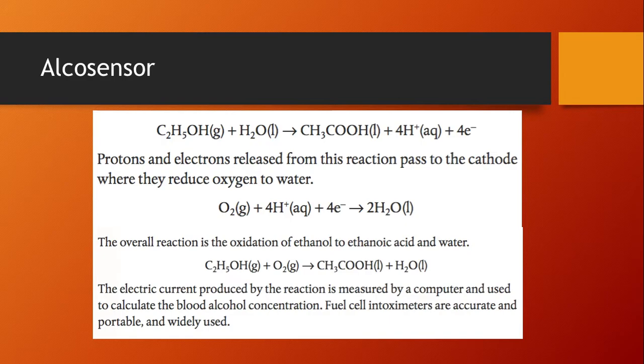Fuel cell intoximeters are accurate and portable and are widely used. Okay, so for the alkosensor, there's a reaction at the anode, there's a reaction at the cathode, and you get the overall reaction for the oxidation of ethanol to ethanoic acid.